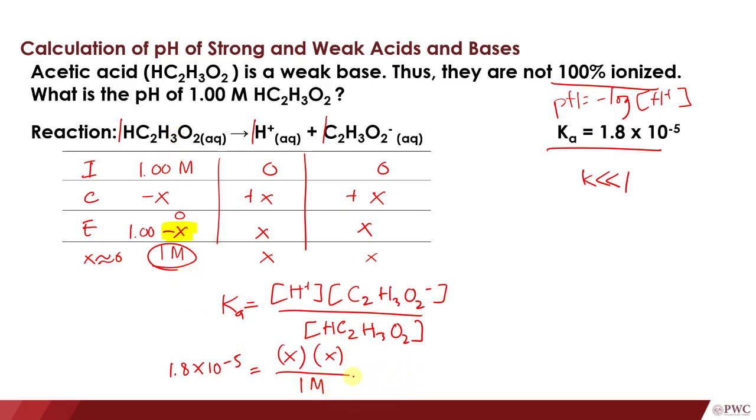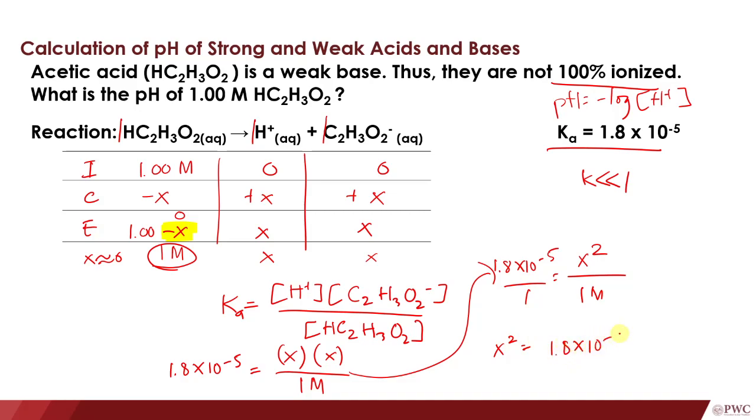So 1 molar. And then we need to find x. x times x, that's x squared obviously, over 1 molar, equals 1.8 times 10 to the power of negative 5. Let's cross multiply. 1 times x squared is obviously x squared, and 1.8 times 10 to the power of negative 5 times 1 is obviously 1.8 times 10 to the power of negative 5.